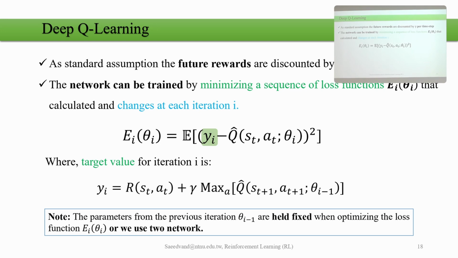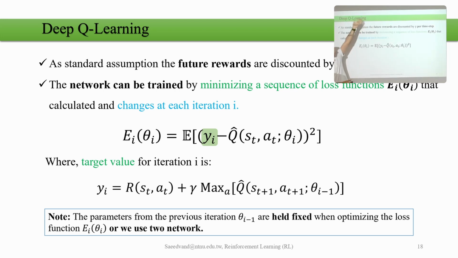That means I can now write the error at each time step, instead of W, I'm putting theta_i here, as coming from the expected y_i and the Q of s_t, a_t, and theta_i. So this is the prediction, as previously, this part.